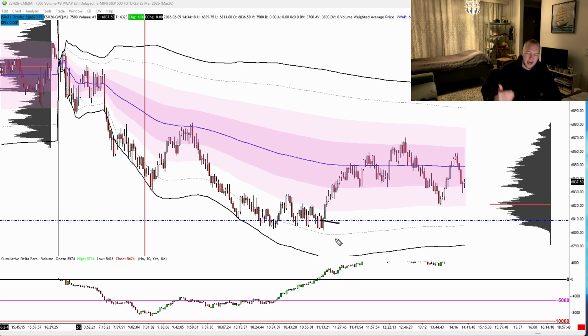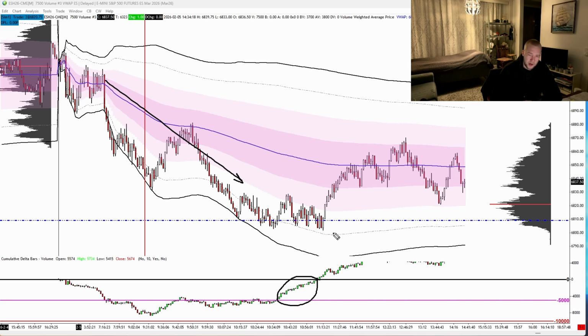Now to recap, price couldn't pass this level here. I recognized what price was bouncing from, and I got the confirmation in the cumulative delta. Bias was beginning to shift to the buy side. We had exhausted sellers, price was very stretched, and the bias was beginning to shift on the cumulative delta.